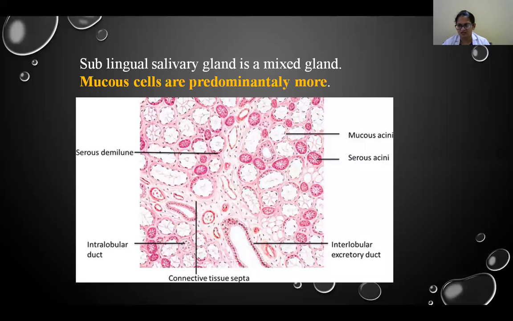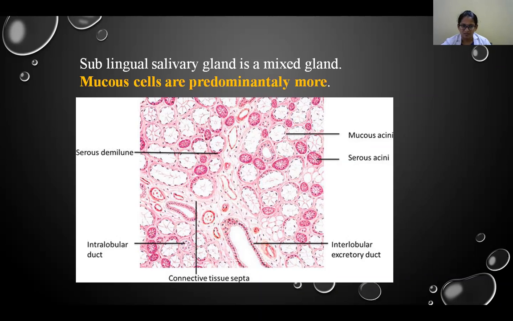Okay, these are the major salivary glands: the parotid gland, submandibular gland, and sublingual gland. In the parotid gland, serous cells are present, whereas the submandibular and sublingual glands are both mixed salivary glands.